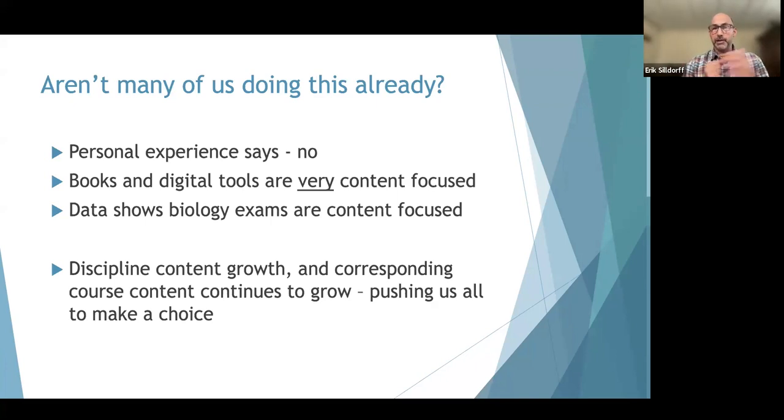There's also data that shows that biology exams nationally are very content focused, right? So we talk about it, and the people that came out with Vision and Change are sort of pushing. We've met with some of them at Towson University, and you can feel a little bit of, we came up with the solutions and you guys aren't buying it, right? Like you're not transitioning.